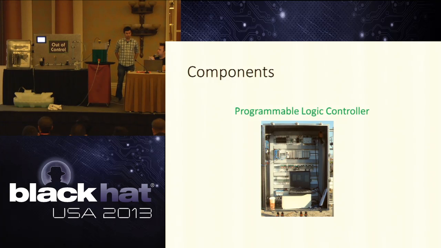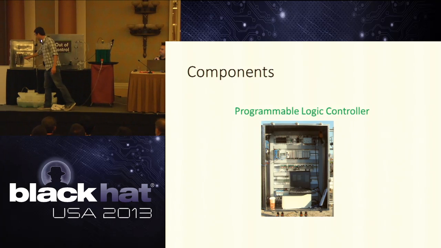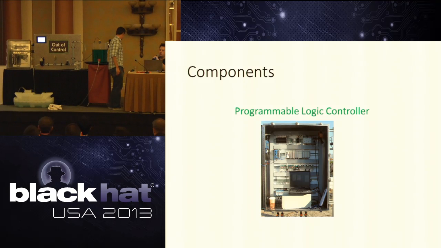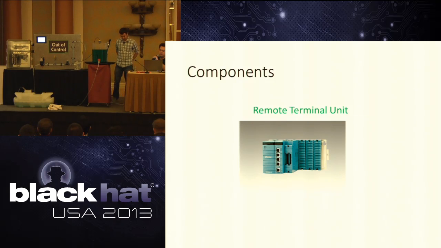The PLC is, do you want to point that out? Yeah, sure. So the PLC, they're called PLCs, controllers, or RTUs, remote terminal unit, but it's this guy right here. He's what actually controls the process. So a PLC takes inputs such as a temperature sensor, or in our case a level sensor, and has logic that it acts on those inputs and writes outputs to the system, which controls a pump or a motor or a valve, things like that.